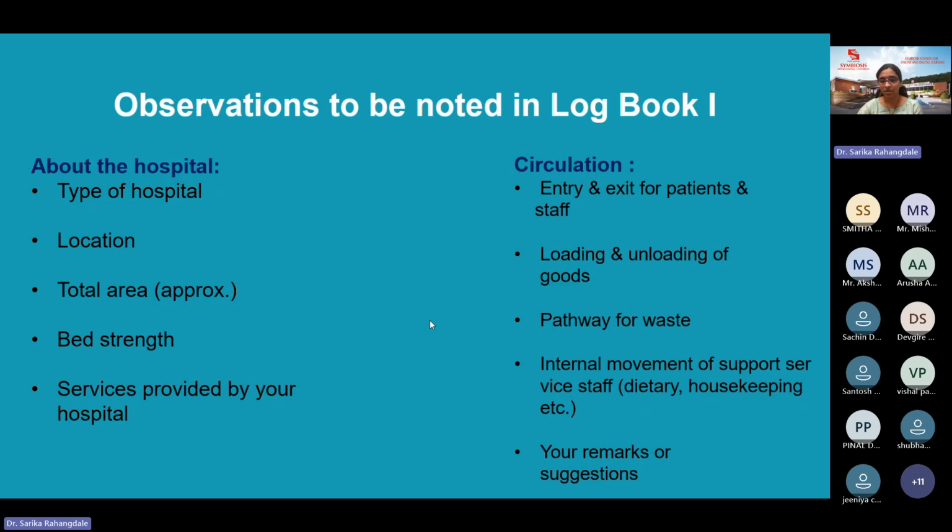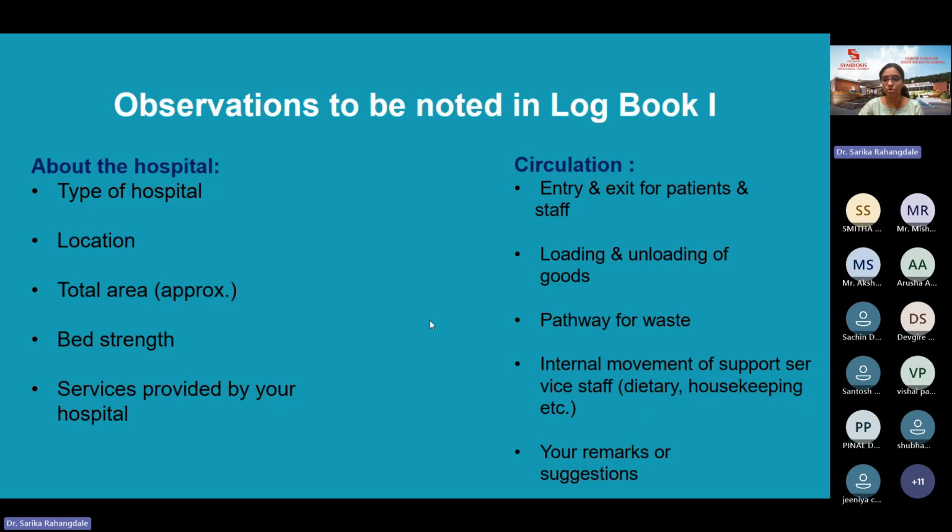Because if the housekeeping people are doing cleaning work, and at the same time the doctors' round happens, or the waste is also carried away from one place to another, and visitors are also there at that time, there will be chaos in the hospital.